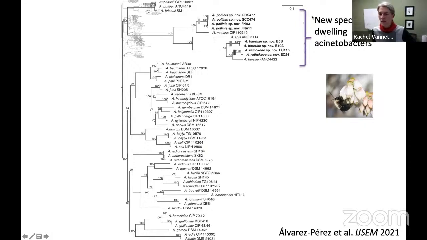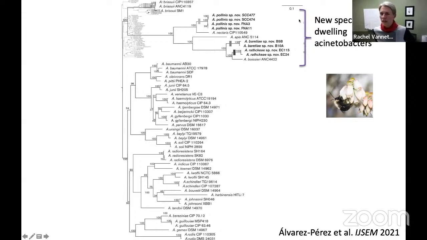And as a result of these efforts, we actually described about 5 new species of Acinetobacter. This is the clade of flower-dwelling Acinetobacters. And you can see these outgroups out here contain mostly environmental Acinetobacters or human-associated pathogens, things like Acinetobacter baumannii, which is an emerging pathogen.